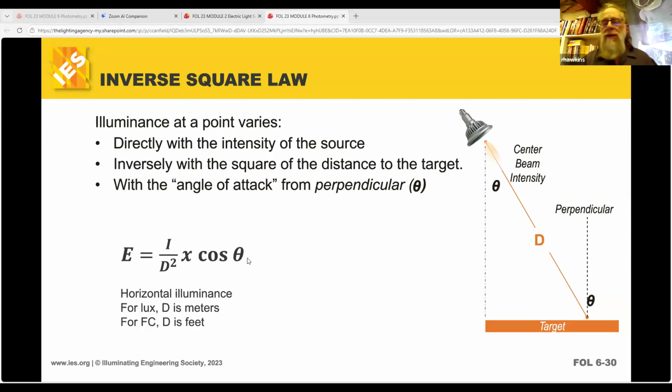Where E is illuminance, I is intensity. We talked about candela per square meter earlier, right? D is the distance between the source and the thing being looked at, where we're trying to calculate our foot candle value. And then cosine theta, they completely misrepresent here, because it should be on the inside.